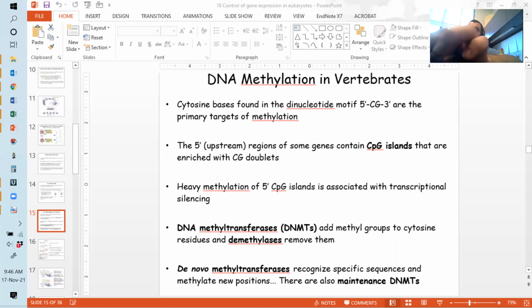So histones are modified by two groups of enzymes. Histone acetyltransferases, or HATs, add acetyl groups, which equals gene expression.